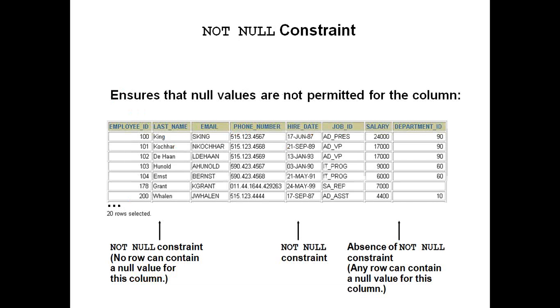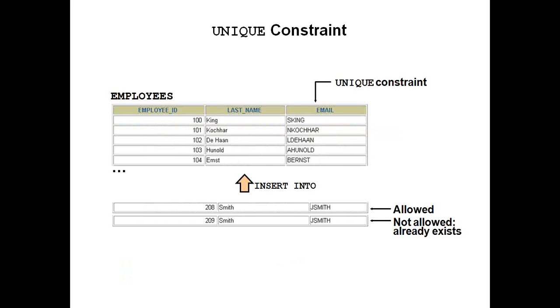Okay. The not null constraint, we already know about it. It ensures that null values are not permitted to be inserted into the column. So when we declare any column as not null, that means null values are not allowed.